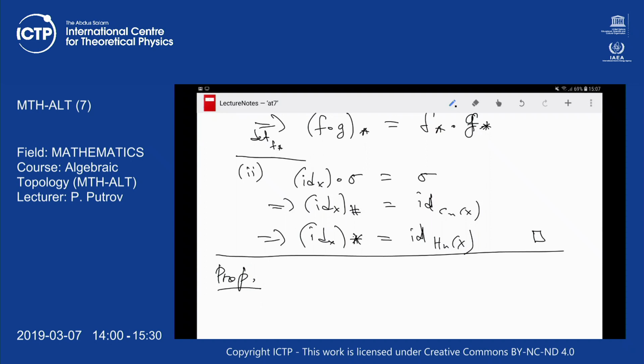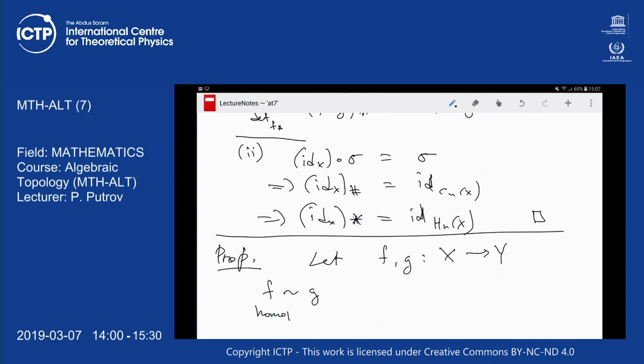The other important property which we want to show is that if we have two maps from X to Y, and suppose they are homotopic, then we want to show that the corresponding push forwards are the same maps between the corresponding homology groups.